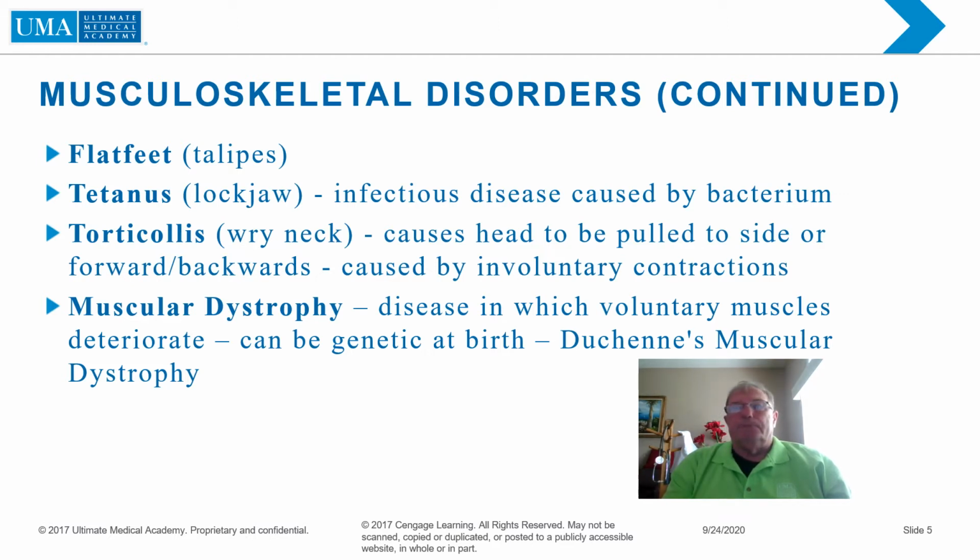Then you have torticollis, the weak neck or the wry neck. You lean to one side. You're always on one side, and as you're talking and walking around, your neck is on one side like that, or it can be the other side. It could be back or forward or down.